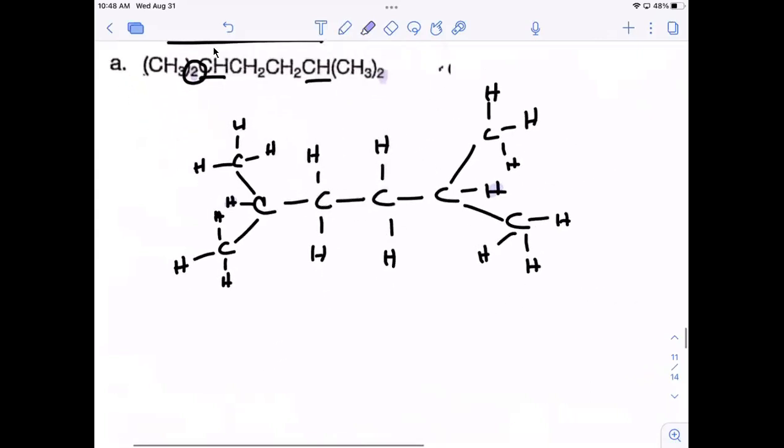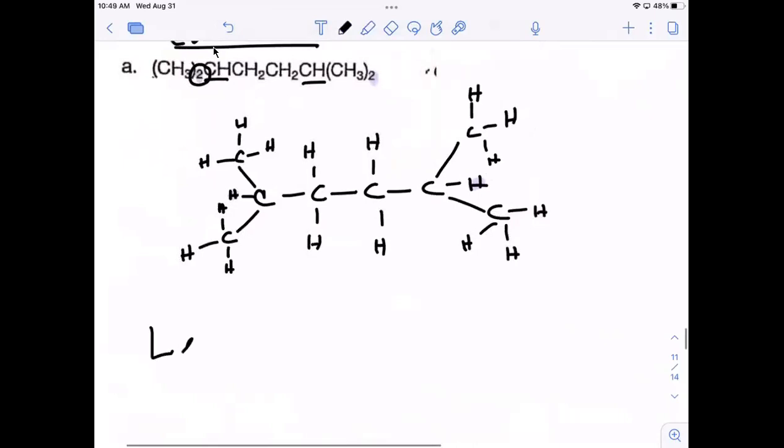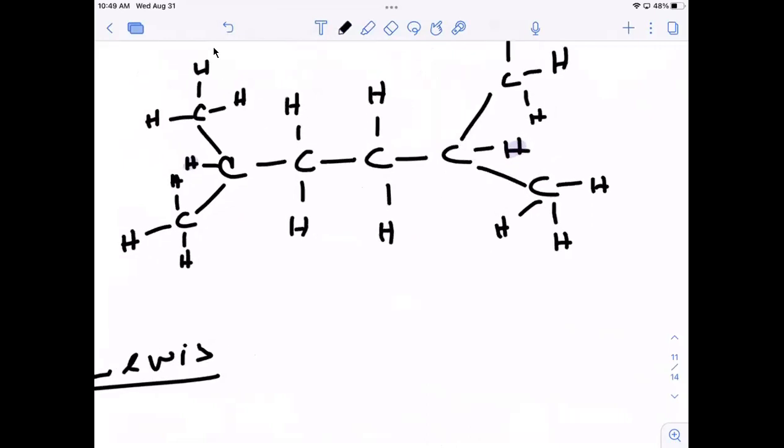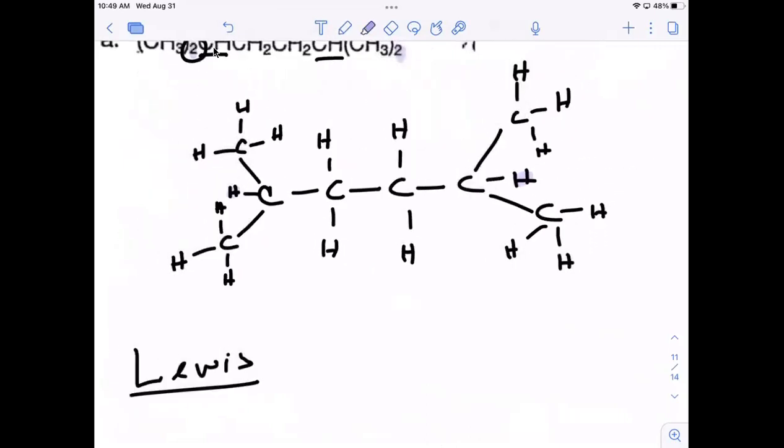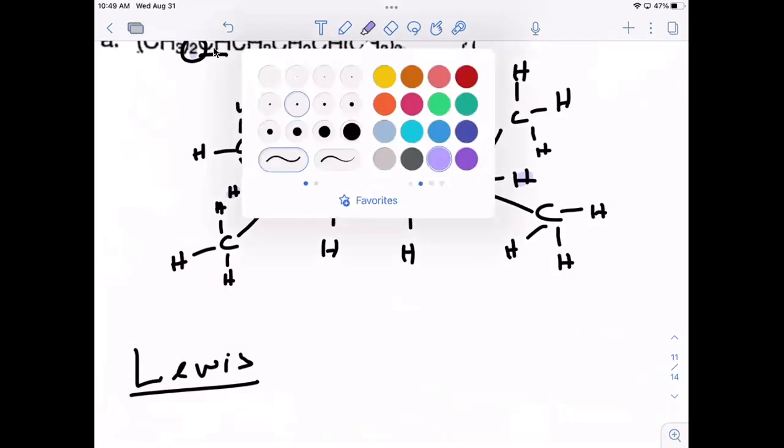So this is the Lewis form. If you notice, there are 1, 2, 3, 4, 5, 6 carbons in the longest chain. That's a very important concept for later.